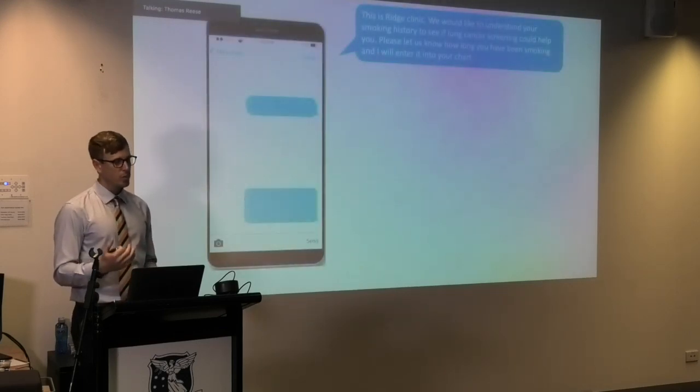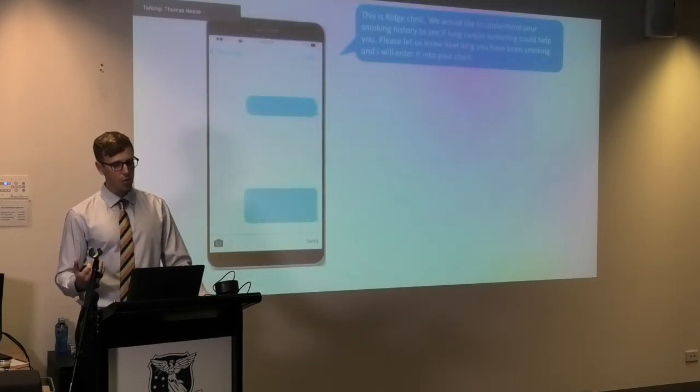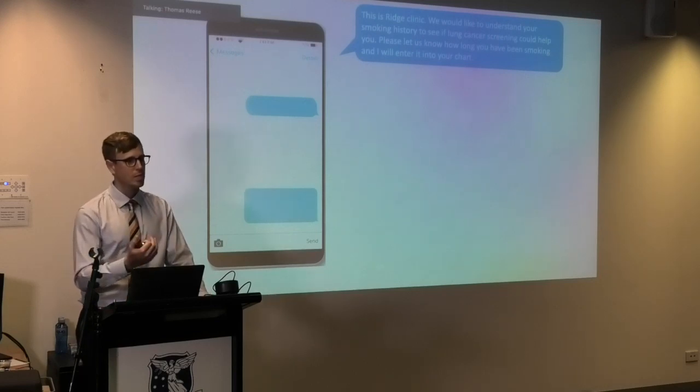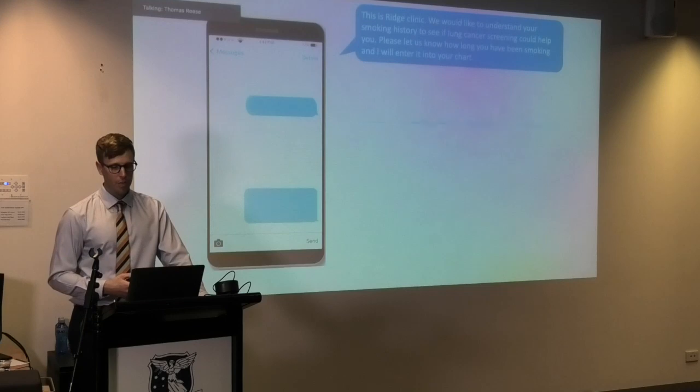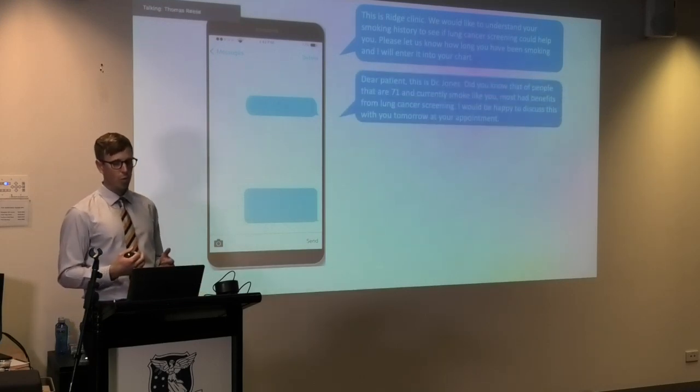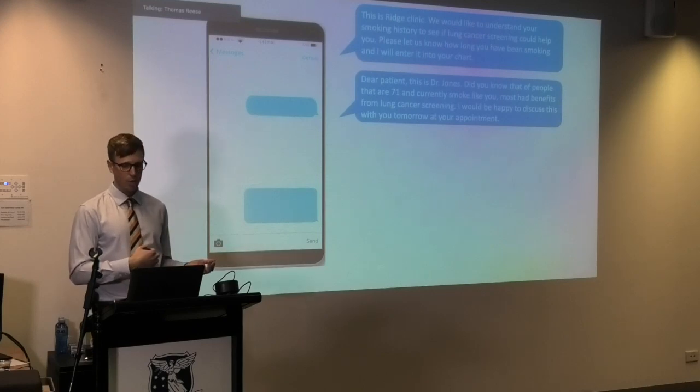So for example, this first message is more general, exploratory, to get smoking history, and then really to assess their responsiveness. The second message is much more personalized, contextual, with information that's gathered from the electronic health record.